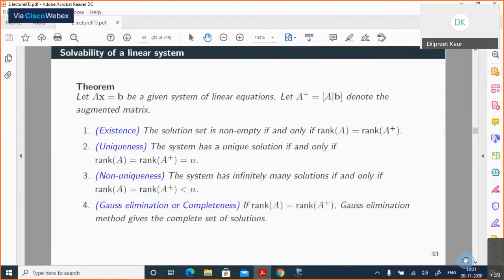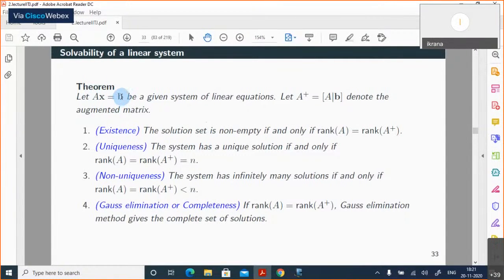So here is the application of row echelon form to solving a system of linear equations. If you recall, a system can be written as AX equals B. A is the coefficient matrix, X is the variable vector, and B is the right-hand side.